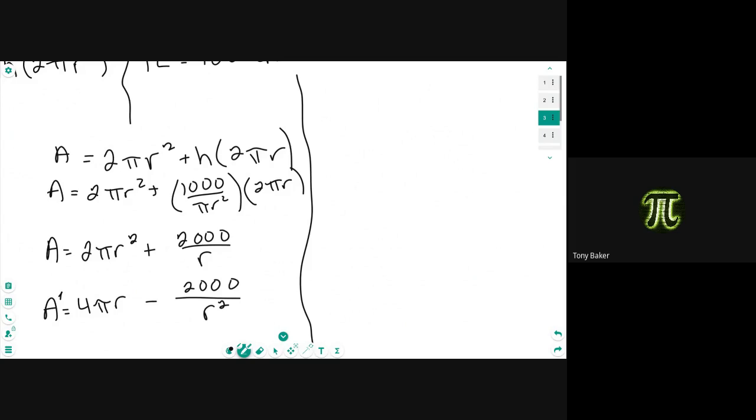Yep, set it equal to 0. All right, how am I solving this for 0?